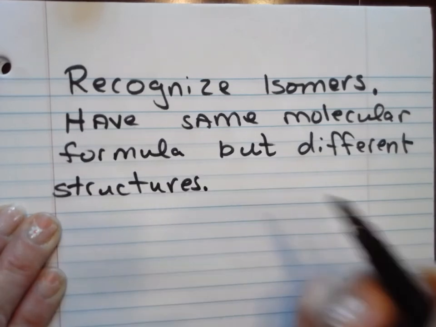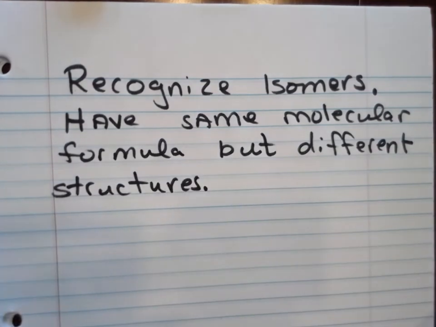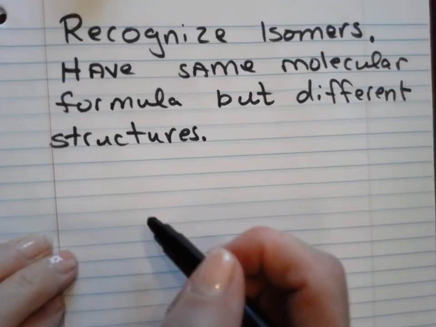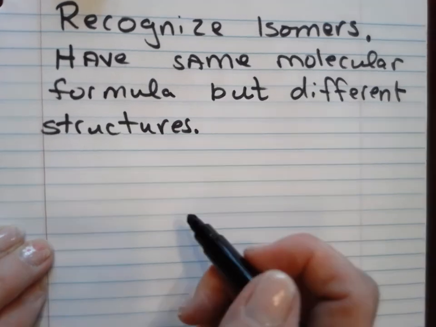So if you have a problem that asks whether something is or is not an isomer, then what you would need to do is look at what's given to you, and you're probably going to be given a line structure.